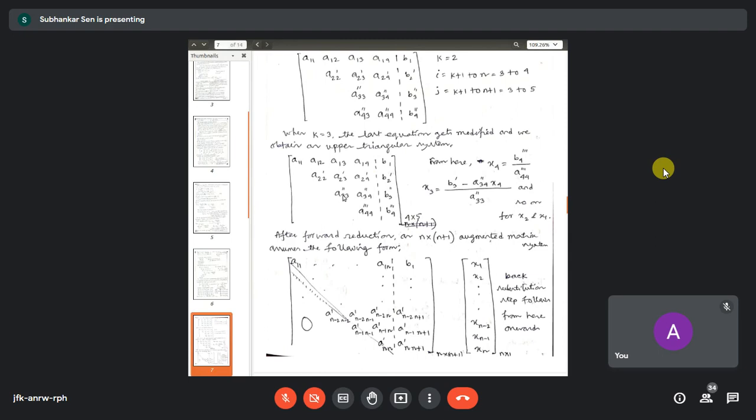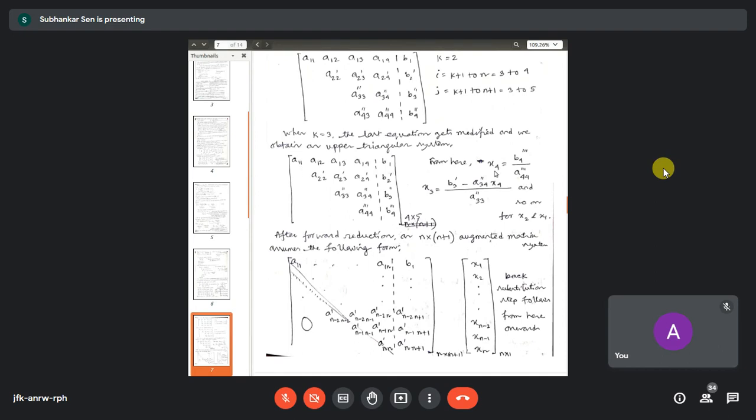This is a33 double dash x3 plus a34 double dash x4 equals b3 double dash. So x3 you will get b3 double dash minus a34 double dash x4, divided by the diagonal term. Okay, then you can calculate x2 and you can calculate x1.